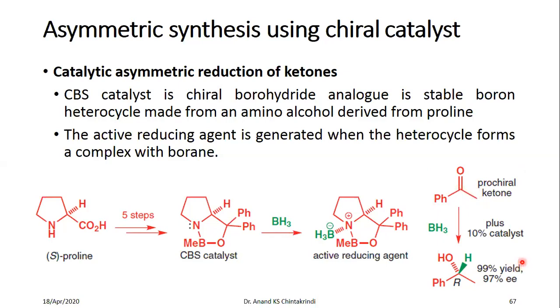You are changing the planar structure into a tetrahedral structure, wherein you are introducing the chirality. And the yield, you can see, is 99%, and the enantiomeric excess is also at a high level, that is 97% in this case.